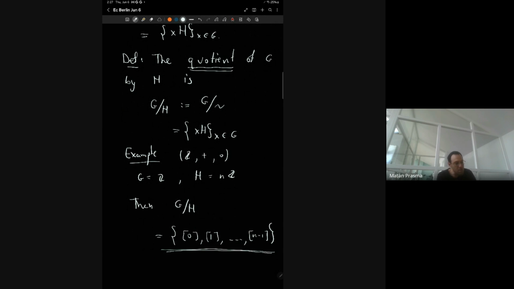So in the quotient set, the operation I can take is addition modulo n. So A plus B would be the coset of A plus B modulo n.